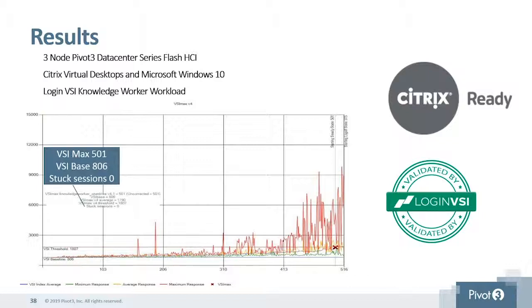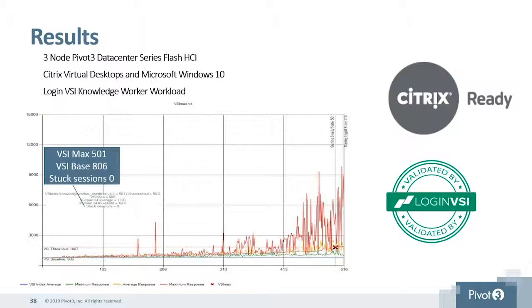Thanks, Blair. And as the results in the graph show, we got to 501 with our VSI Max on 3 nodes. That's a very comparable and wonderful result for Acuity. We do see our competitors typically at 4 nodes getting these kinds of numbers.